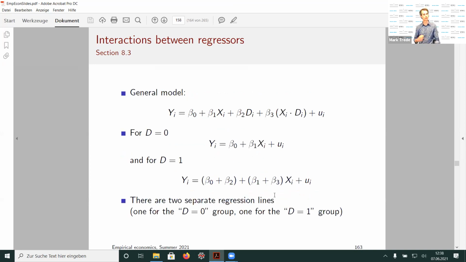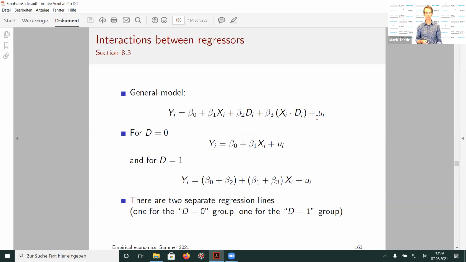All right, let's look at the marginal effects here. What would happen in this case? Well, let's look at the general model again. That's just a repetition of the formula we have just seen: first regressor, second regressor, interaction term, and error term. Now we want to find out about the effect of x on y.